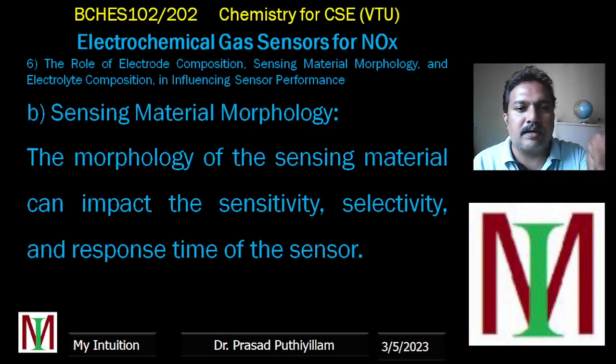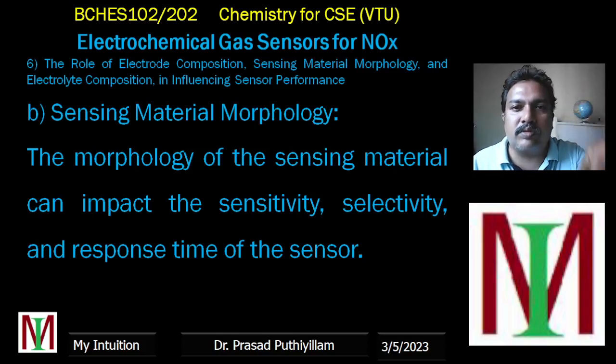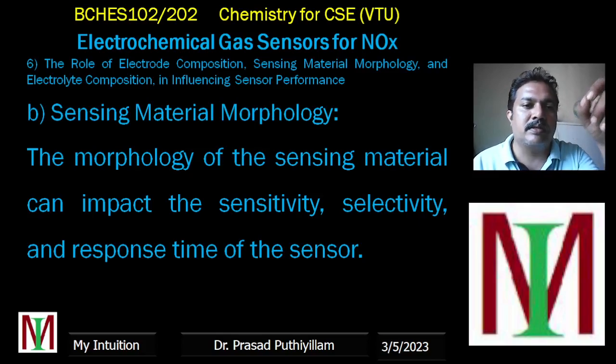Whatever very smooth items are seen by us may not be smooth. We can see different ups and downs. Therefore, that will affect the sensing because the molecules that you want to sense, the oxides of nitrogen, are very small in size.